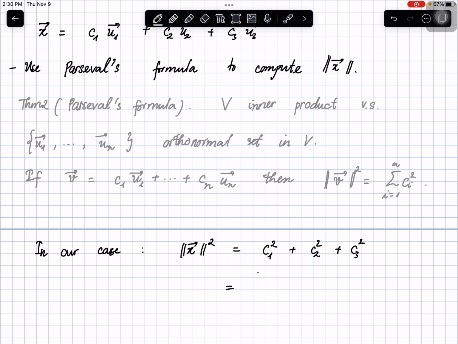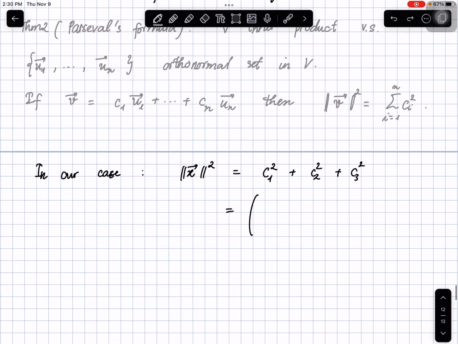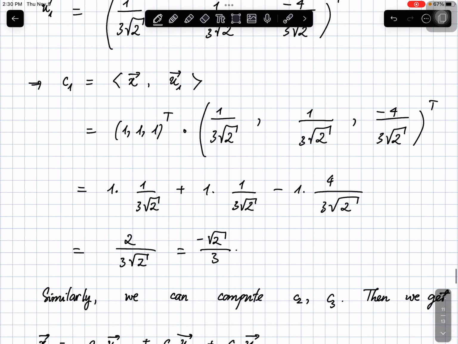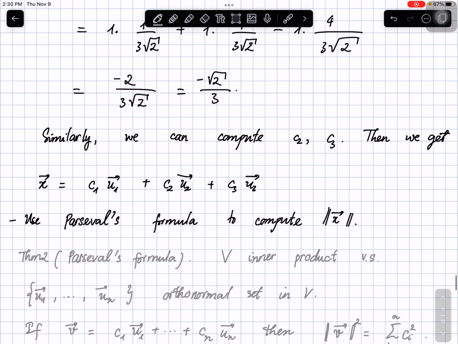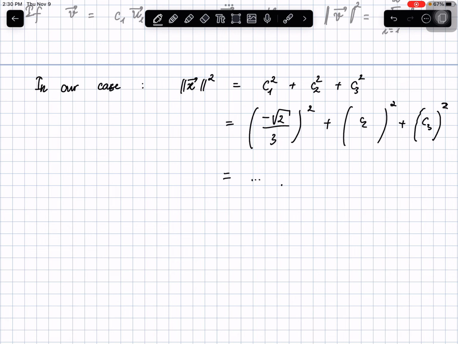Remember that we computed c1 explicitly, it is minus root 2 over 3, so we have minus root 2 over 3 squared, plus c2 squared and c3 squared, which you compute explicitly, and you get the answer. And we're done with the exercise.